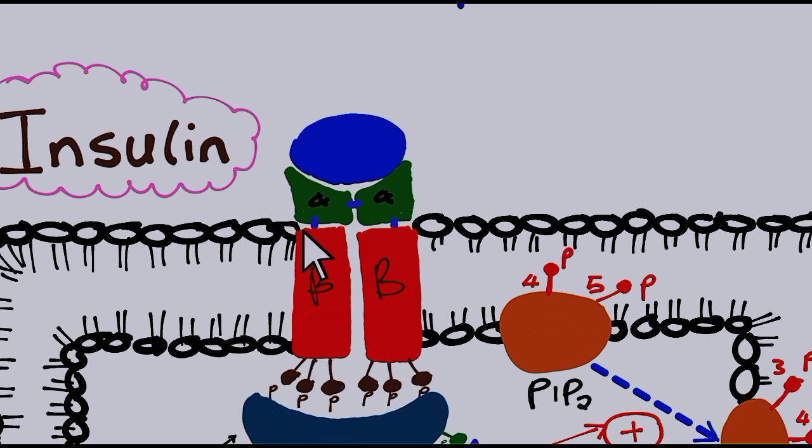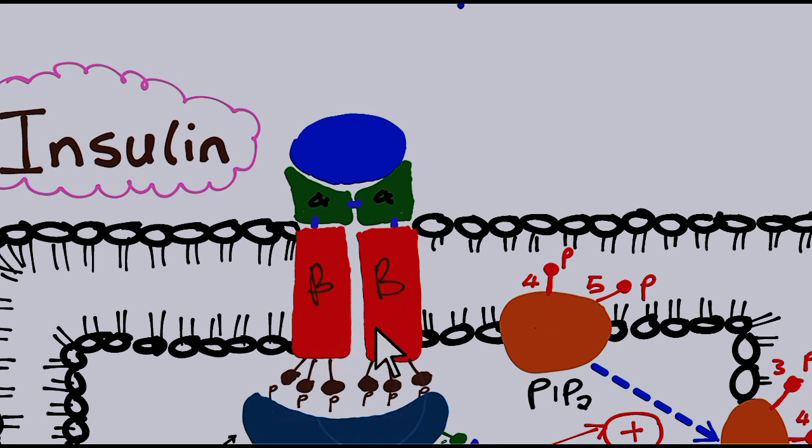Now, the alpha subunits provide the binding site for insulin hormone. So what will happen is that when insulin comes, it's going to bind to the alpha subunit, and then it's going to activate the beta subunit. So when the beta subunits are activated, it simply means that the enzyme inside the beta subunit is activated.